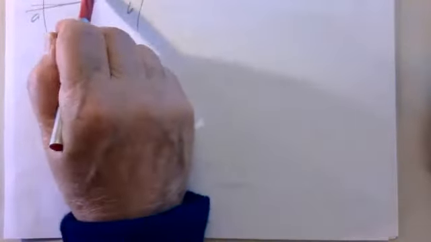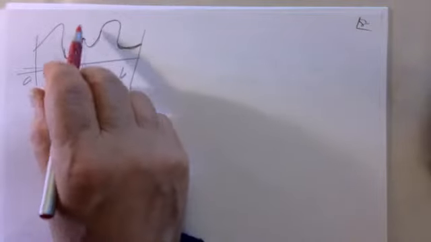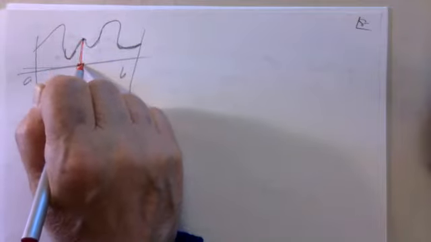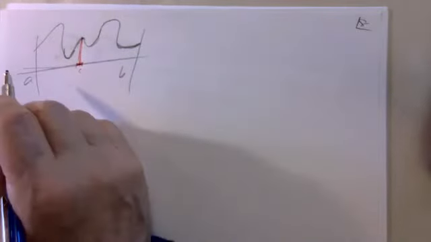This is not the maximum value of the function. Of course, it's bigger in lots of places, all over here and all here, the function is bigger. But if you just look at some small little neighborhood around this point, this is the largest the function becomes in this small neighborhood around this point. And such a point is called a relative maximum.